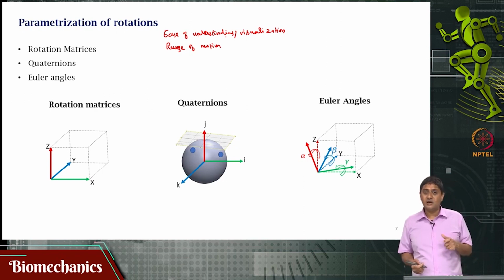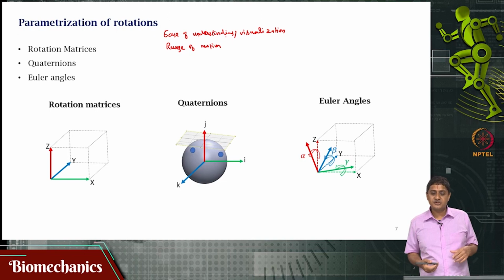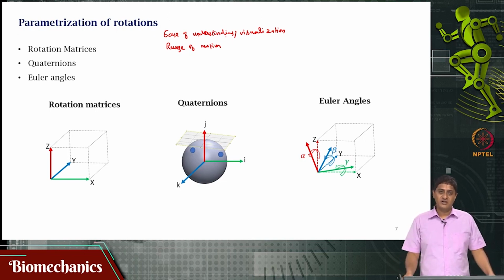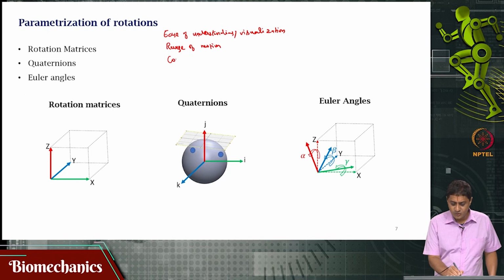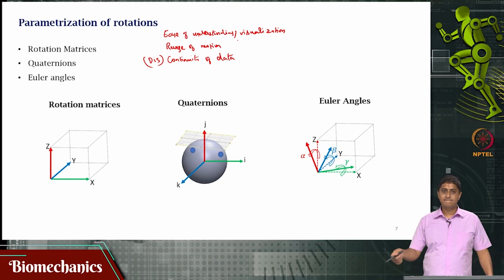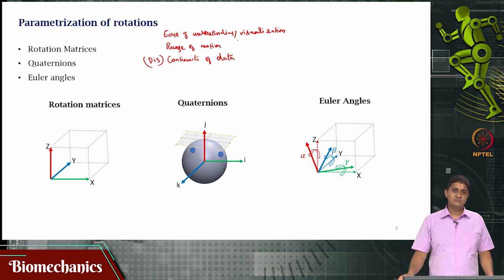So, you need to have an idea of the range of motion that your subject of interest is going to perform, or that the particular joints of interest are going to go through. The other is, are there going to be some discontinuity in data? That is the other point.